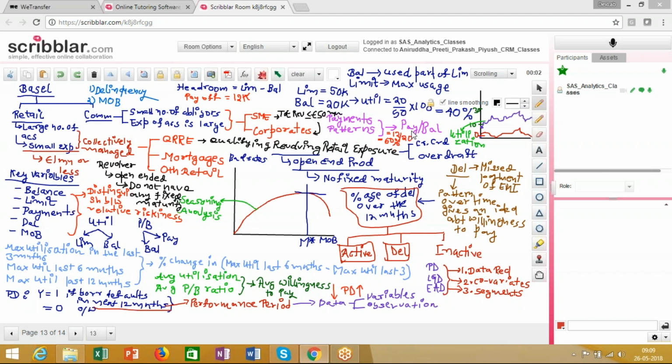As we know, banks are financial institutions that are into lending, right? Essentially, the bank borrows from a low risk segment and lends to a high risk segment. What is the low risk segment?